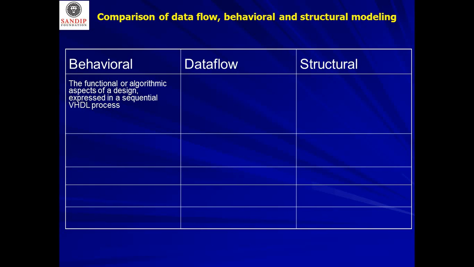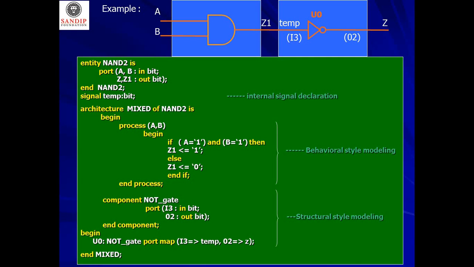This is about modeling style. Modeling style plays very important role to extract the internal circuit diagram from the given code. Hence, it is very important in the VHDL program while describing the operation what type of modeling style you are going to use to describe the operation of that circuit.